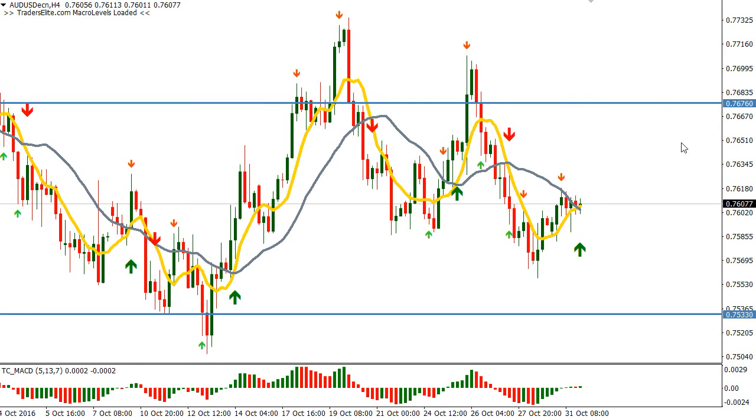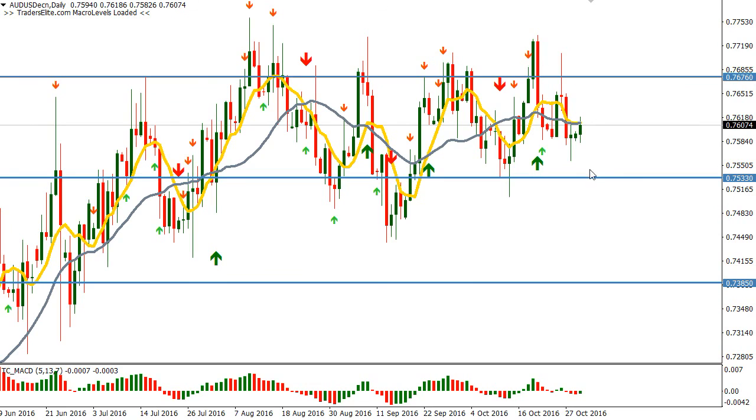Okay, Aussie, it's the AUD USD. We've got a new 4 hour trend trade to the upside. However, it hasn't closed yet, so it can't be confirmed. And the slow moving average is moving downward, so it's not one that I would be interested in looking at. On the 4 hour, it's really touch and go.